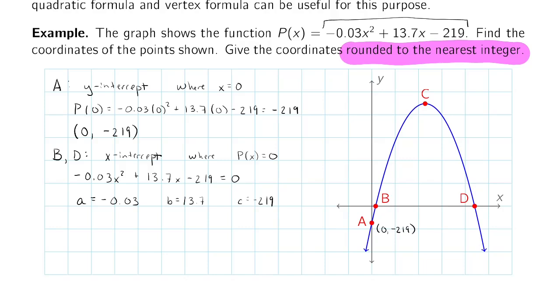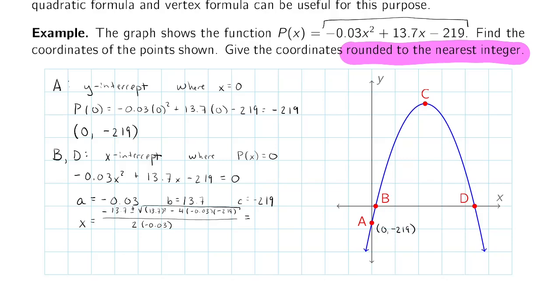So our x values here are going to be x is negative 13.7 plus or minus the square root of 13.7 squared minus 4 times 0.03 times negative 219, all over 2 times negative 0.03.